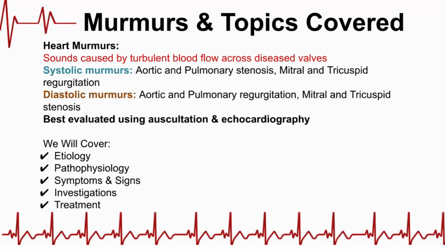So that is aortic and pulmonary regurgitation and mitral and tricuspid stenosis. All of these things are best evaluated by your physical exam during auscultation. And nowadays, if we can't hear something from the physical exam, we do an echo to look at the patency or the competence of the valves.